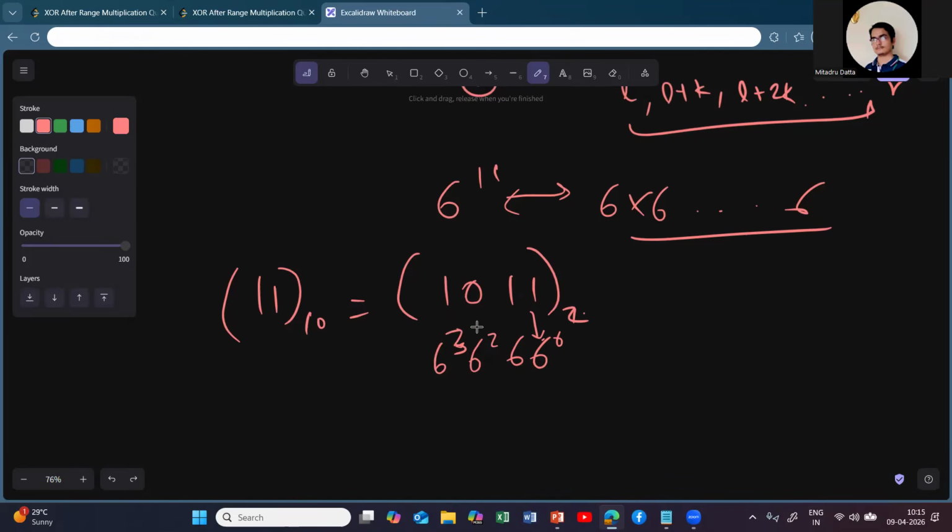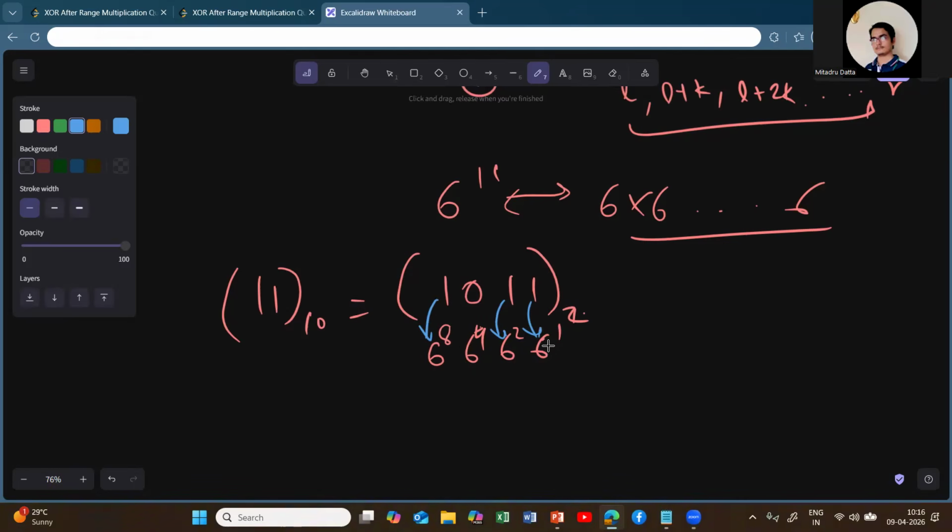This is not 6 square. What I would like to do is 6 power 1, 2, 4, and 8. Okay, 6 to the power 8. So in every operation, you just keep multiplying 6 with itself. You just keep squaring the exponent. What I'm trying to say is that whenever this 1 is there, you just take those values.